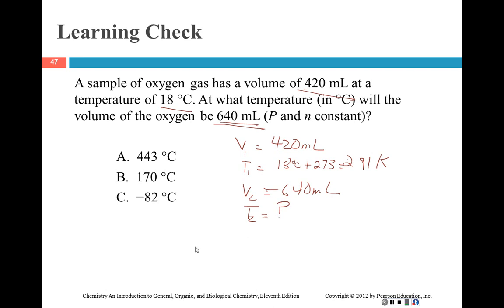Remember, we've got to rearrange this formula. We know it's V1 over T1 equals V2 over T2, or like I said before, T1 over V1 equals T2 over V2. And we're solving for T2.